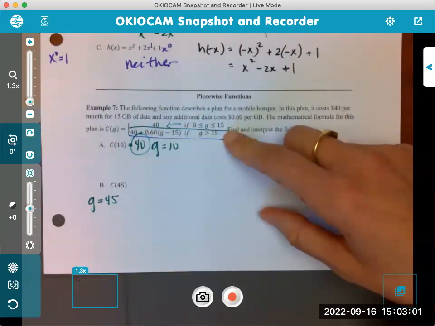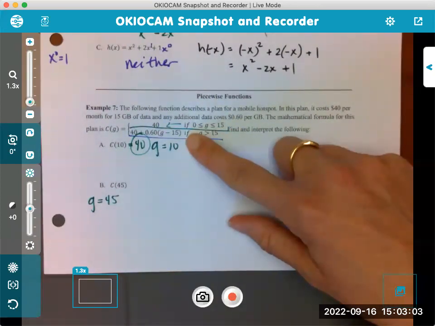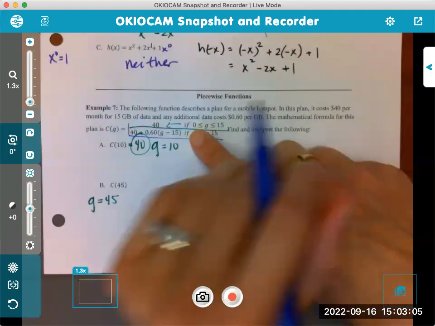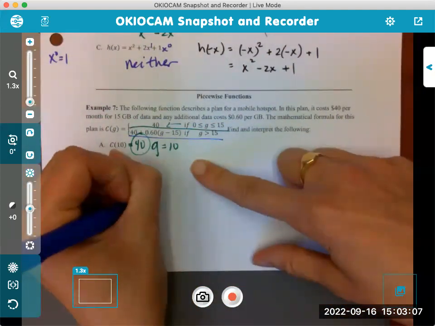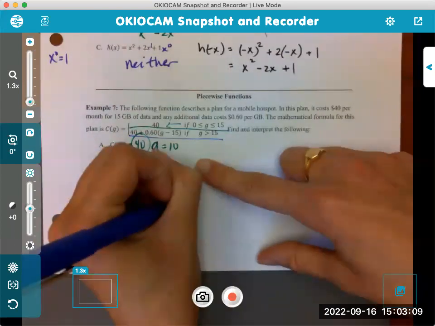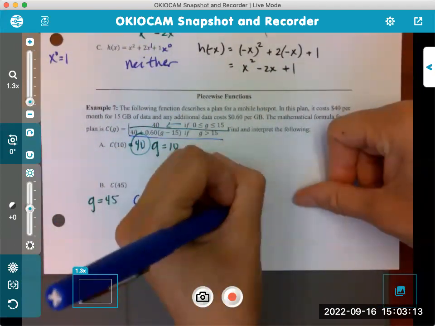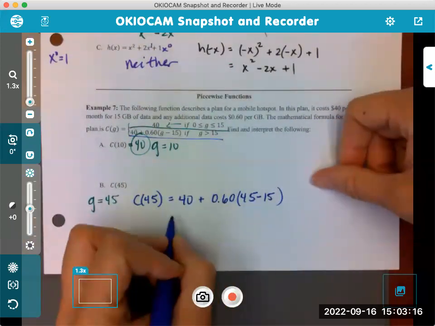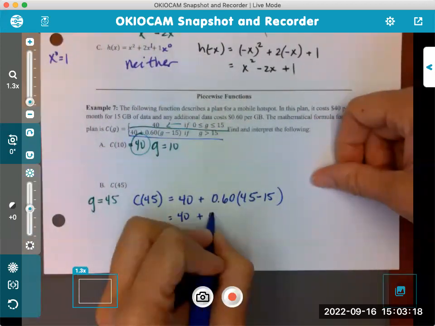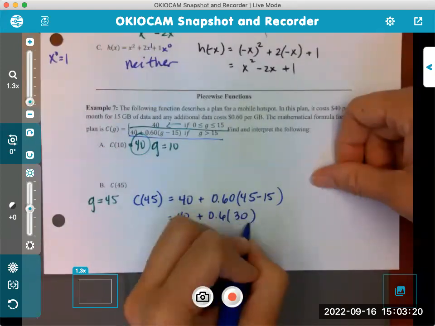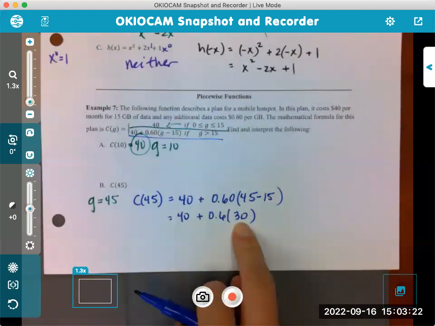Because we went 30 gigs over our allotted 15 that were given. So C of 45 is equal to 40 plus 0.60 times 45 minus 15, which we know is 40 plus 0.6 times 30, right? Because we have to pay for the extra 30 that we used.